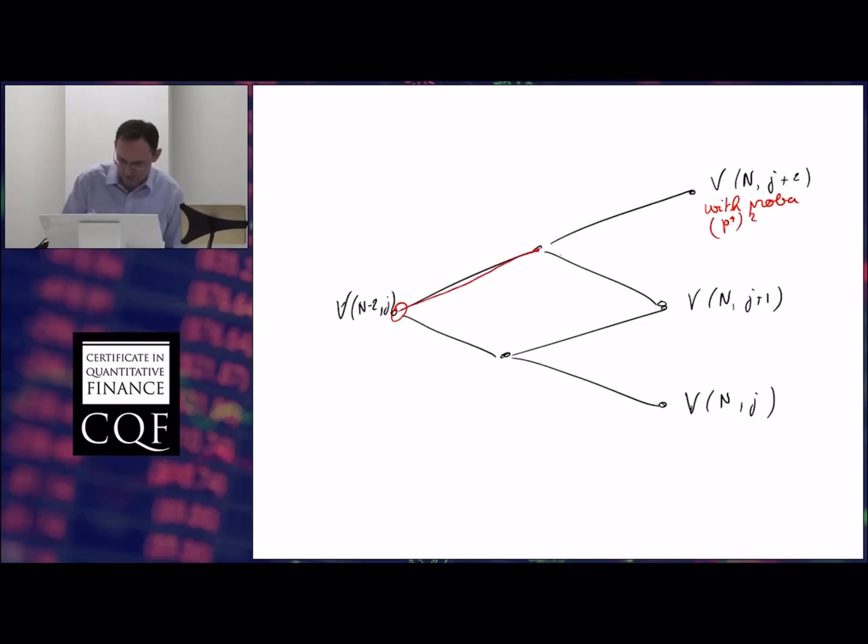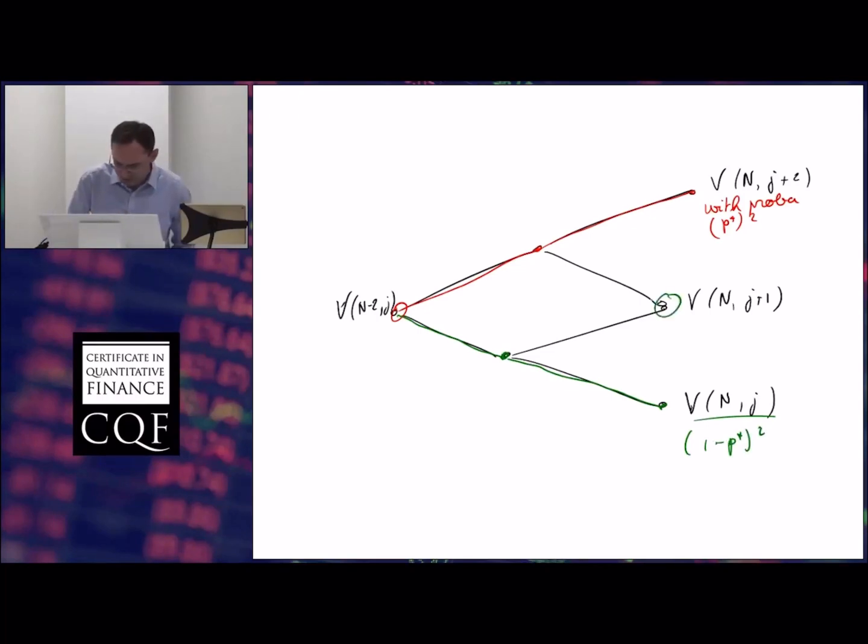One up move with probability P star, and then independently a second up move with probability P star. Similarly, what's the probability that I will end up down there? Well, one first down move with probability 1 minus P star, and then independently a second down move with probability 1 minus P star, so that's 1 minus P star squared.